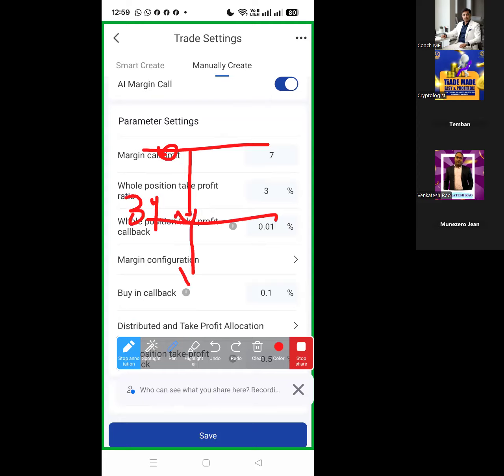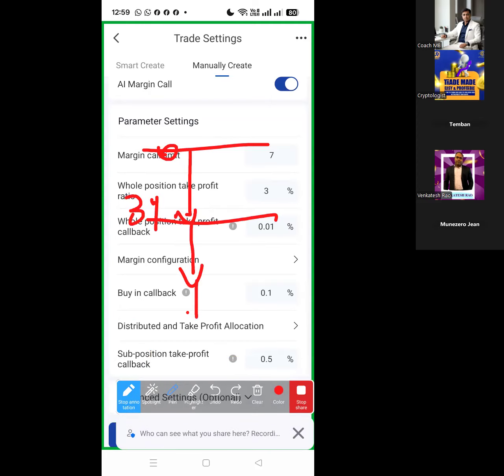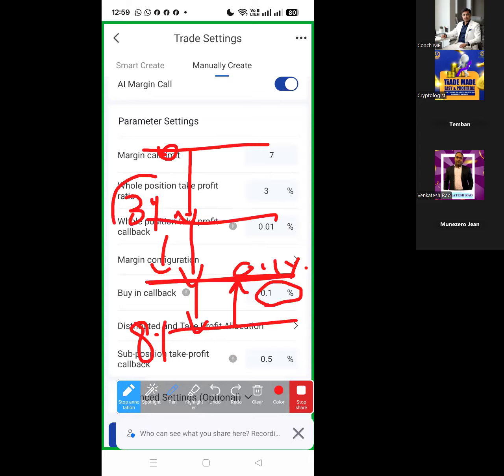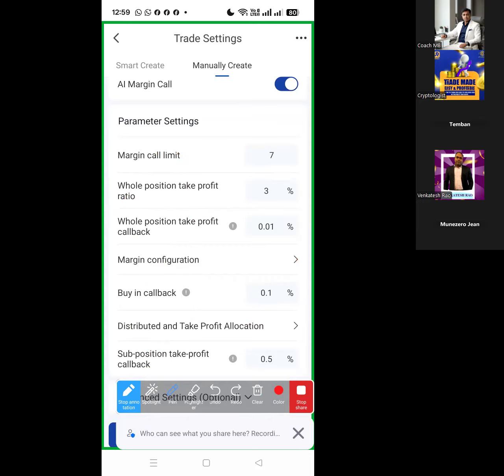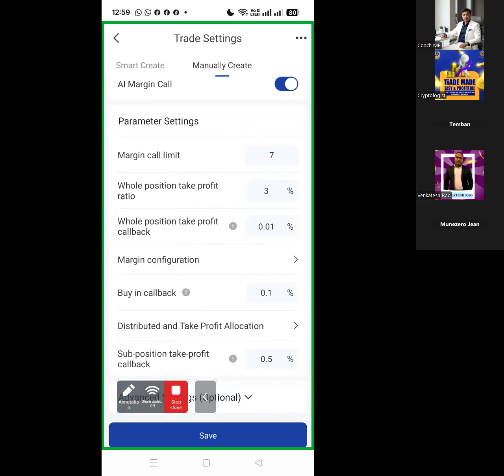But still the market keeps falling and falling down. Suppose it falls down to around 8%, and then it decides to come back and reverse the direction. Only then it will wait for the 0.1% callback, and then buy for you at a deeper price. So even if you have put a 3% drop, sometimes you will see that you get a more discounted price after the robot has bought for you.